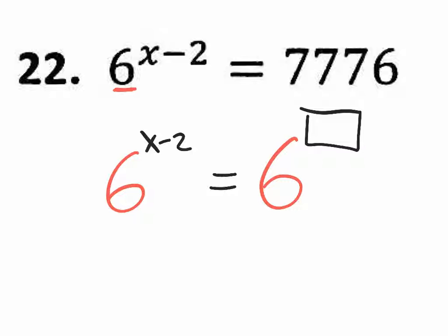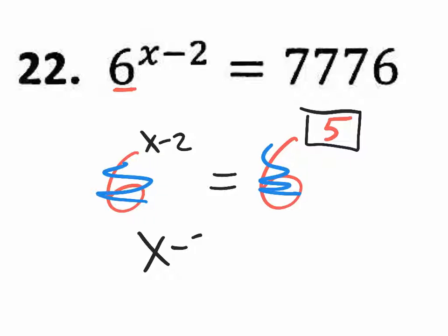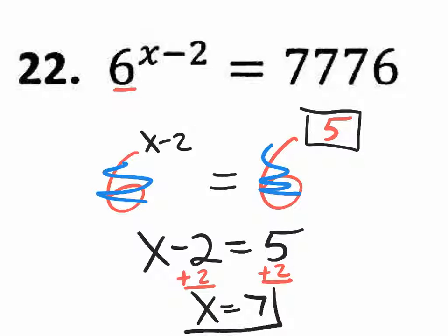It is 7,776. So that is a 5 right there. So the 6's, you could just scratch them out. They're gone. Your new equation becomes x minus 2 equals 5, which means that your final answer is going to be what? 7. Yep. When you add 2 to both sides, you get x equals 7.